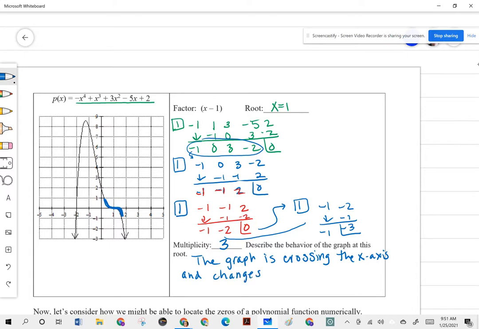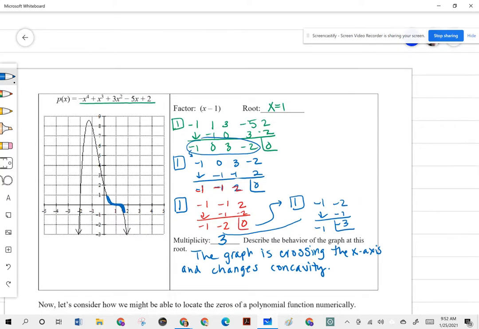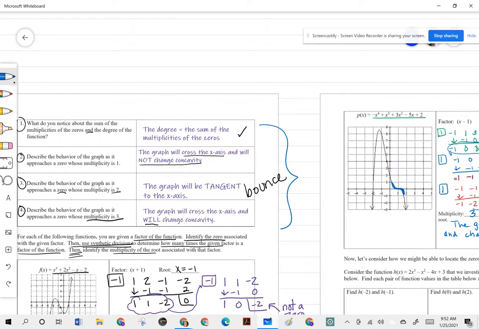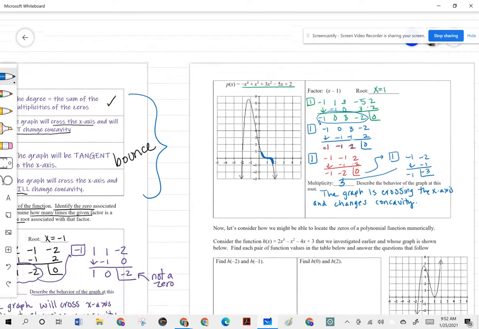And again, I'm just taking that description from right here. So I'm taking the descriptions and bringing it right back to that.